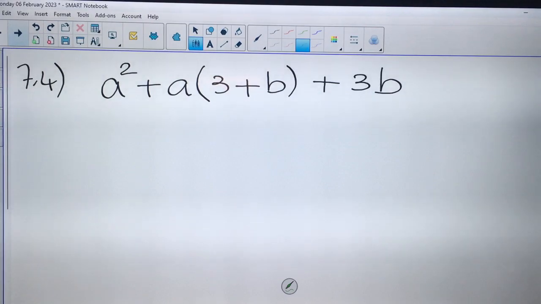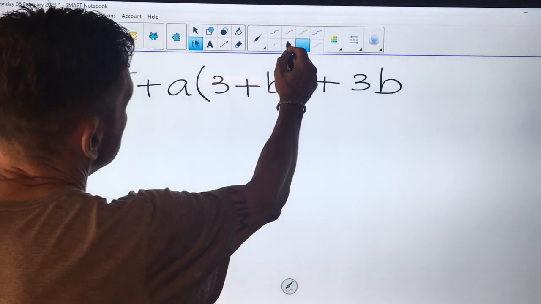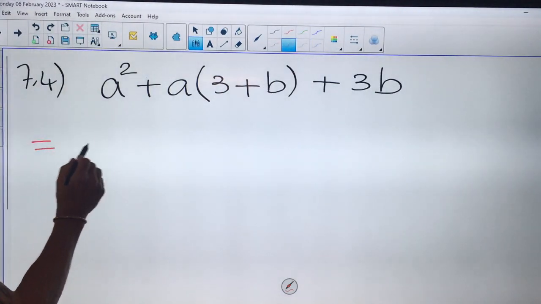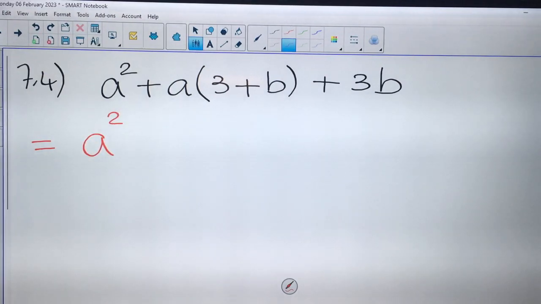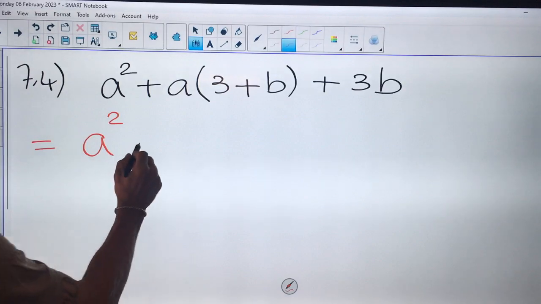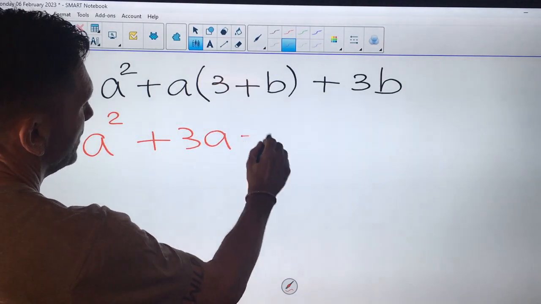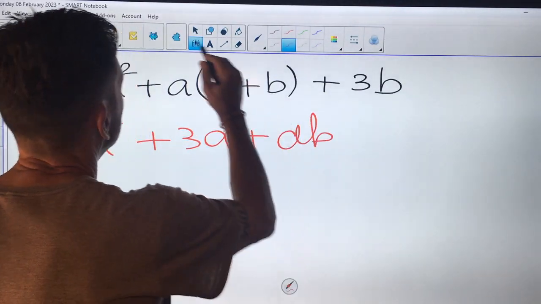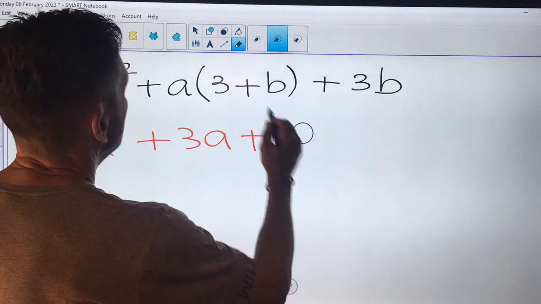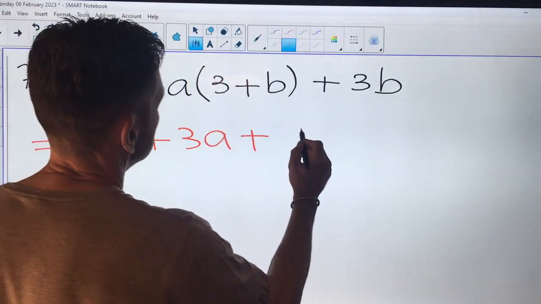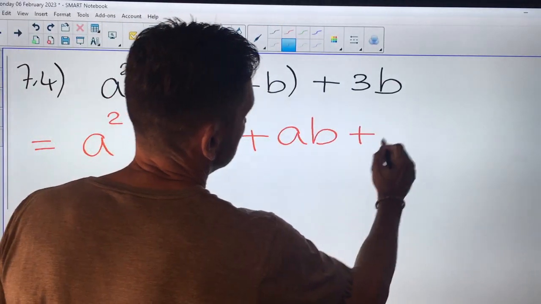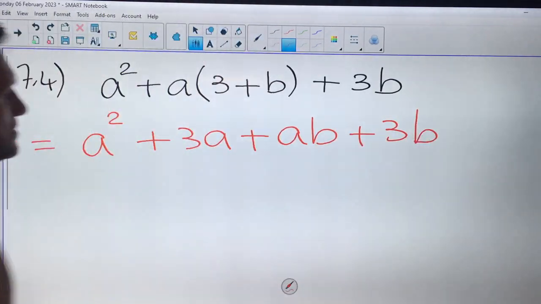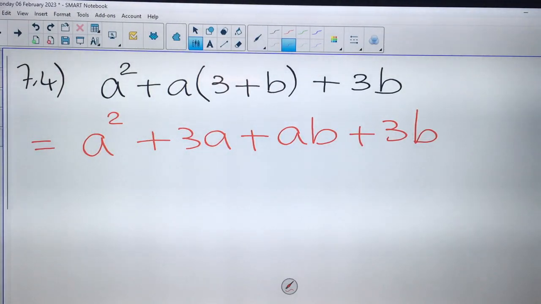Okay, as you can recall, I have said this, I think, in the past. When we get to a stage like this and there's nothing clear that we can remove and there are brackets, then we multiply them out. So I'm multiplying out the set of brackets there in the center.